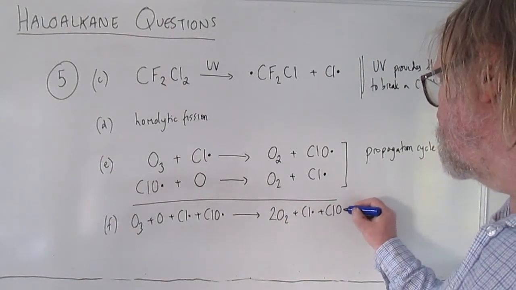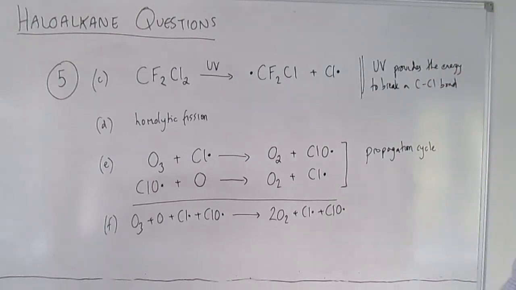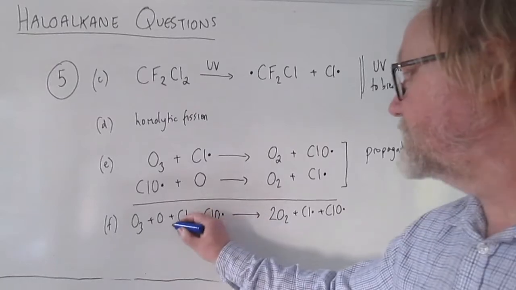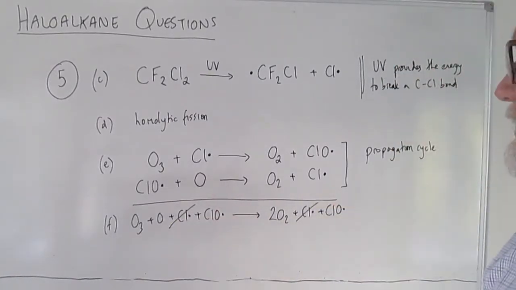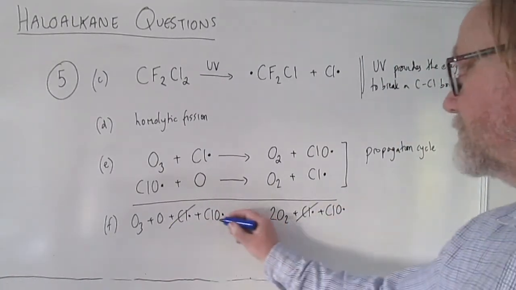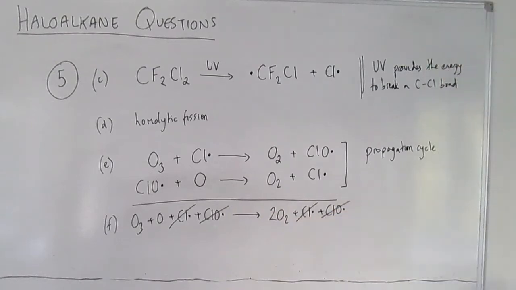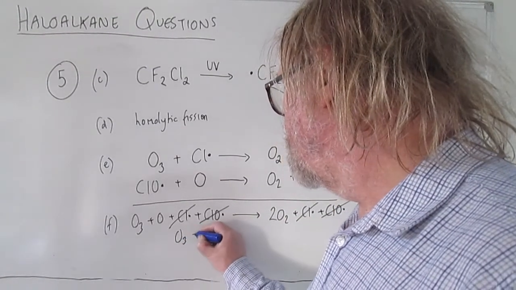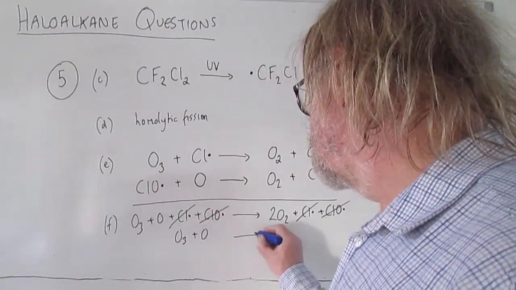We have to do some cancelling, because Cl dot is on both sides, so it drops out, and ClO dot is also on both sides, so it too drops out. And so you get O3 plus O goes to 2O2.